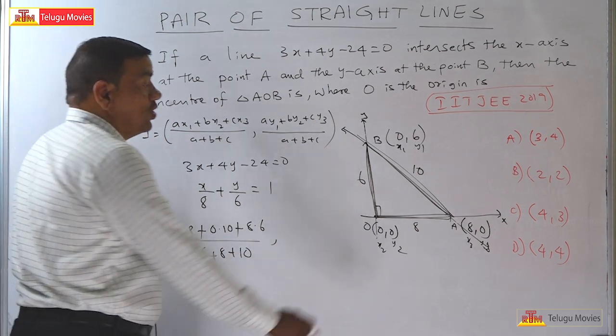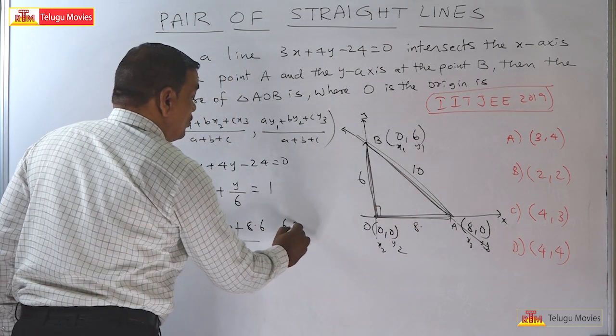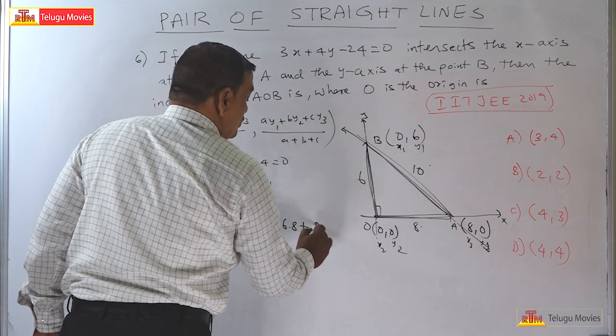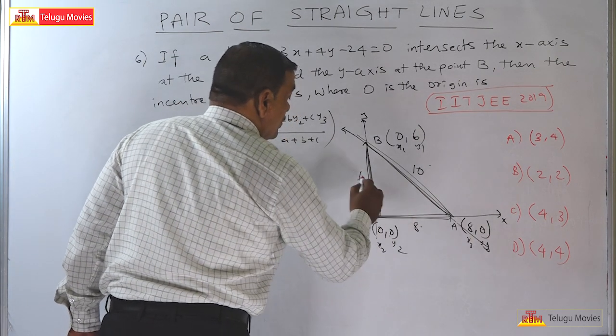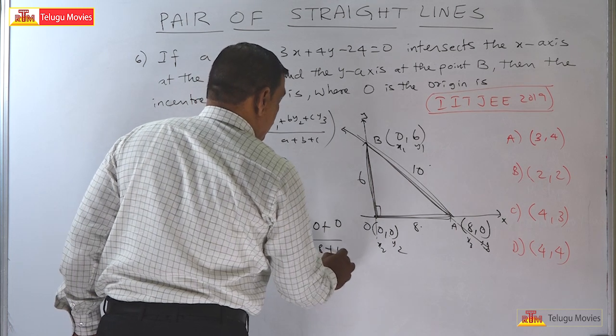Again, y1 into the length of its opposite side, that is 6 into 8, plus 0 into the length of the opposite side, plus 0 into the opposite side, upon 6 plus 8 plus 10.